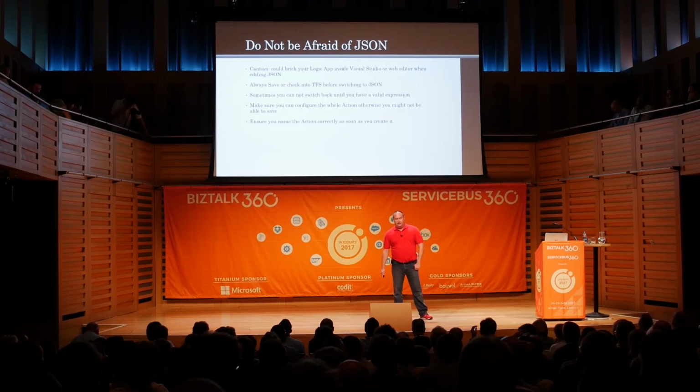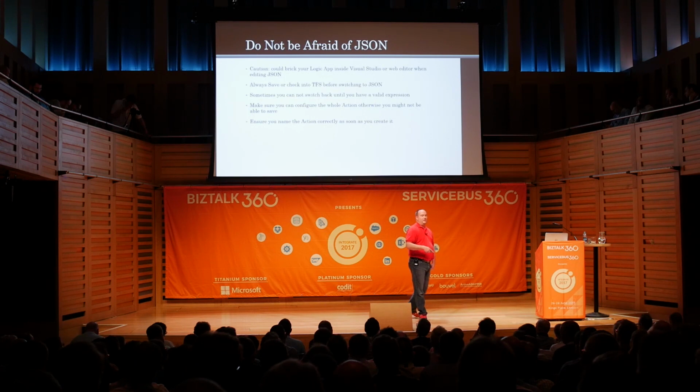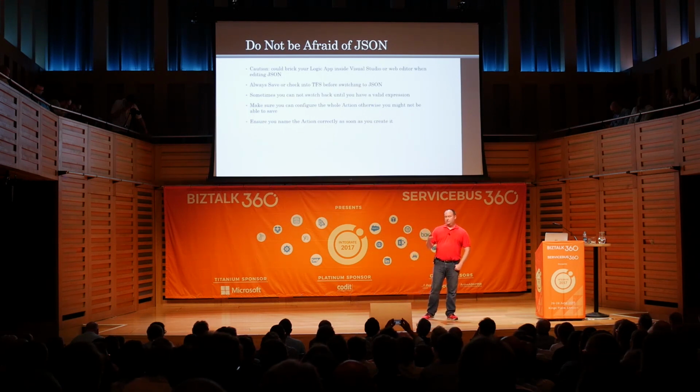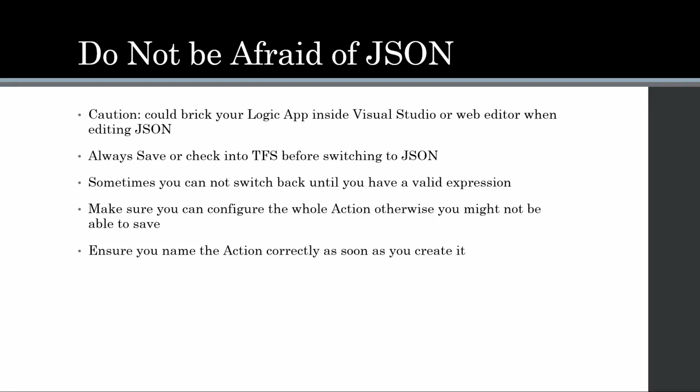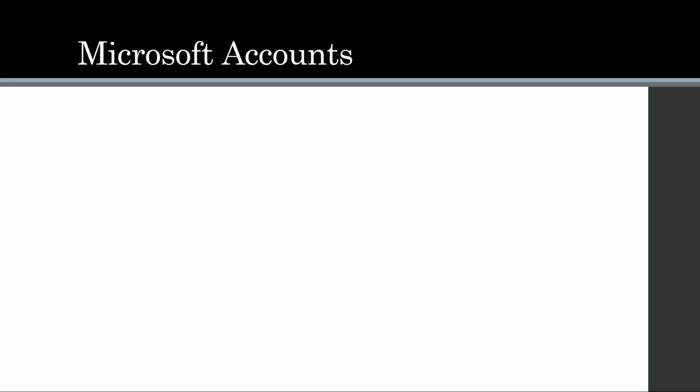You also want to name an action what you want to name it as soon as you add it, because later shapes that reference that action use the name in that reference. If you use variables from another action, for example, it will put the name of the action, then a question mark, then the variable name. So it's hard to change the name of actions after you've used them in later shapes.